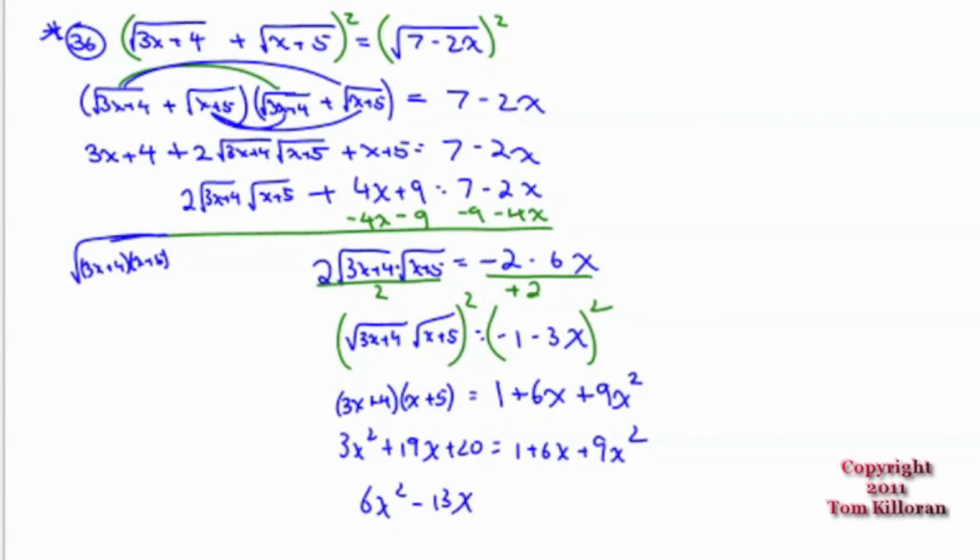Yeah, because it's this side to this side. 1 minus 20, negative 19, is equal to 0. Oh, that's not pretty. Took the left-hand side and subtracted it away from the right-hand side. So 9x squared minus 3x squared, 6x minus 19x, and 1 minus 20.